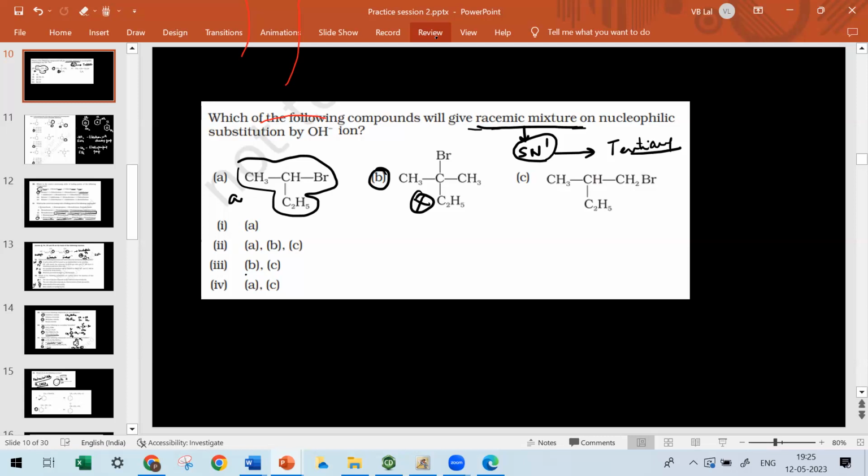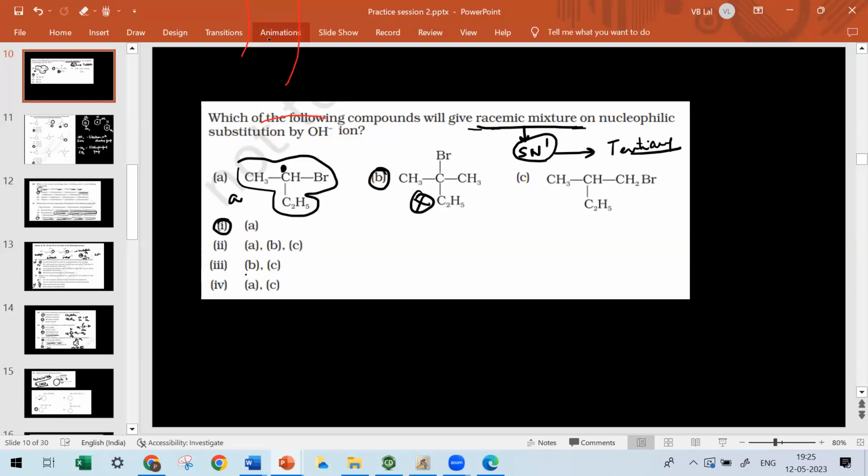No, but in C, the carbon where the Br is attached is not a chiral carbon. So it has to be A. You are right, it has to be A. Secondary, so it can undergo racemization, and it is a chiral carbon. This carbon is chiral.